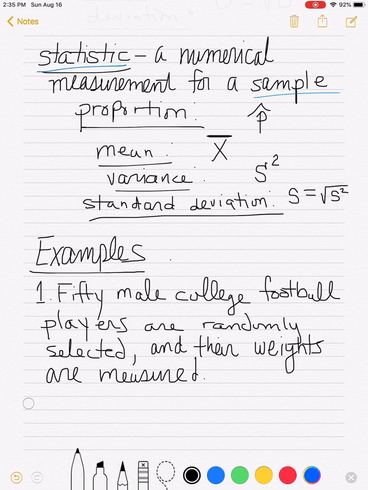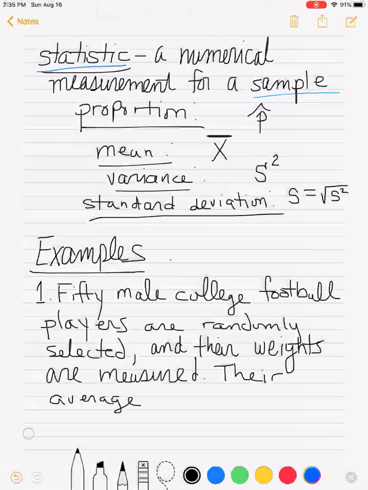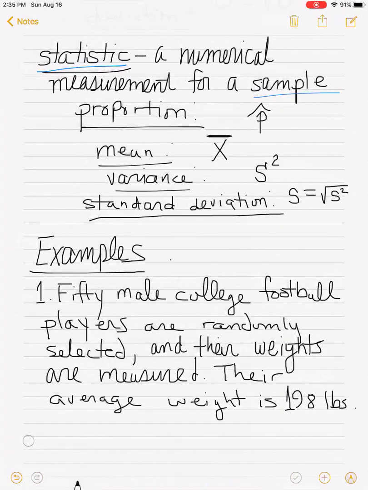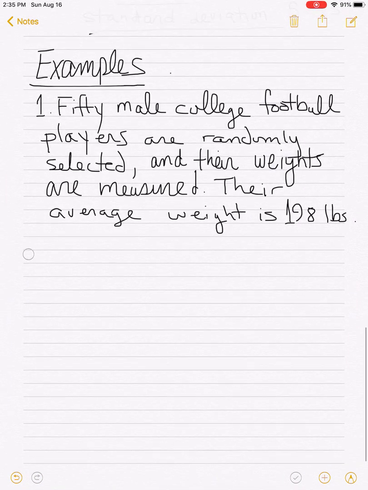Their average weight is 198 pounds. We're going to have some questions about this scenario.